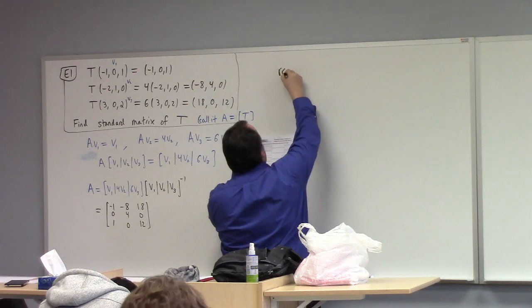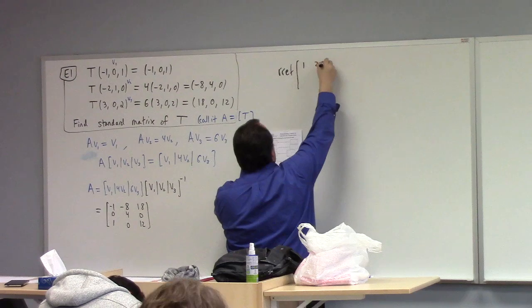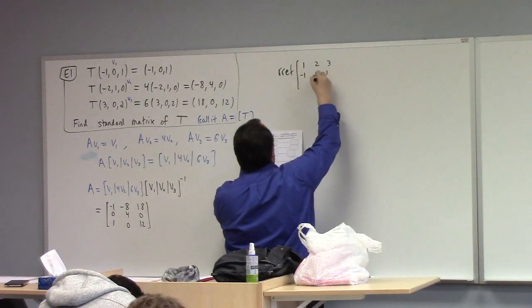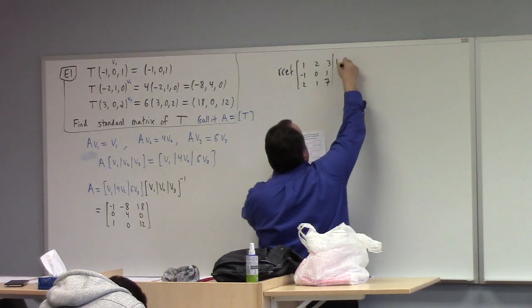We would want to calculate the reduced row echelon form of the matrix with columns (-1, 0, 1), (2, 1, 7), concatenated with the identity matrix.